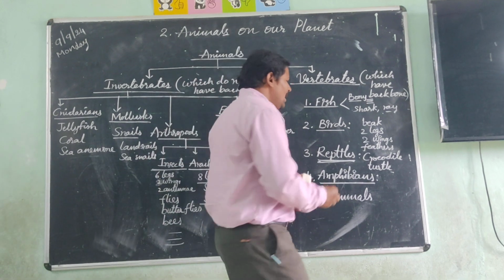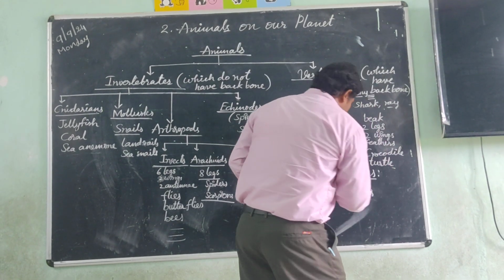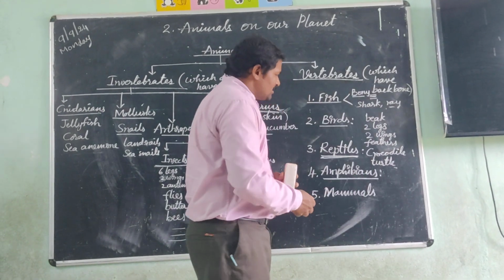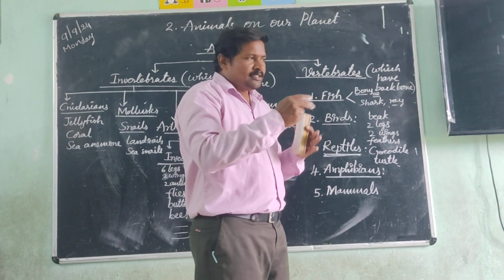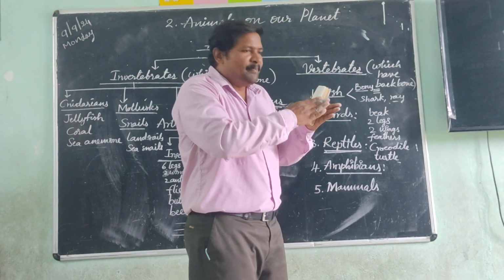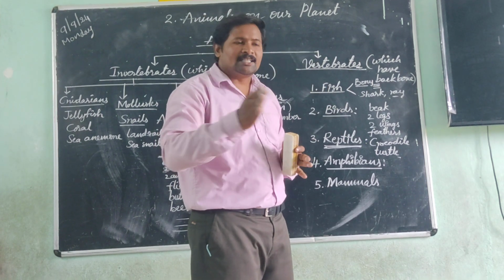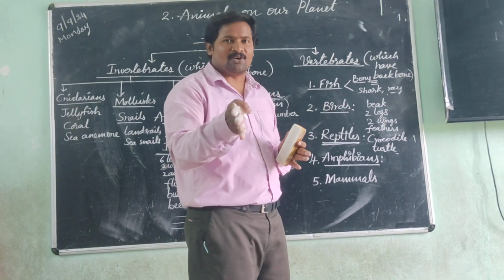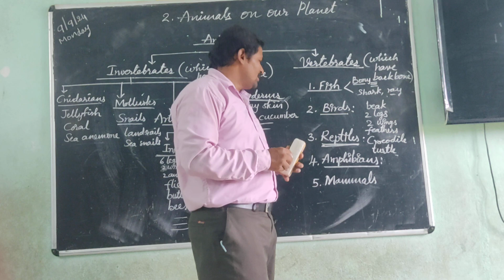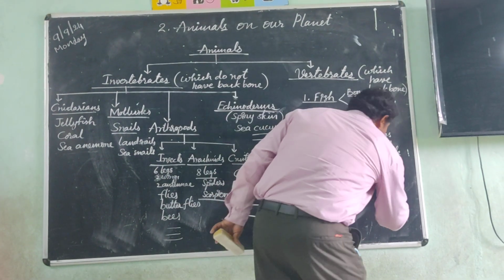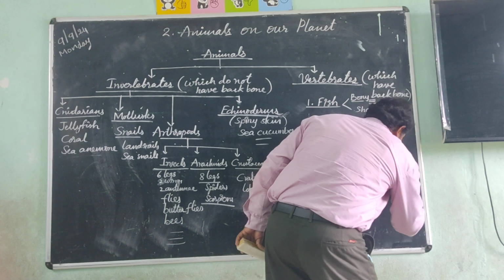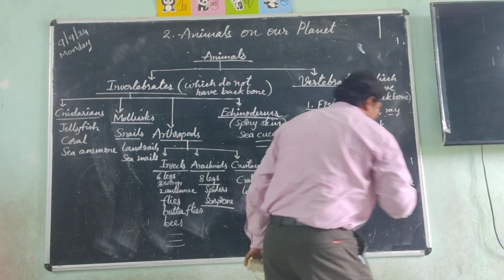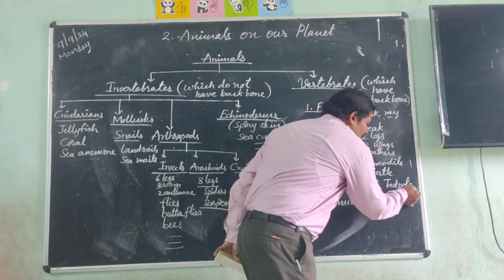In the amphibian case, if we take a frog as an example, the baby frog becoming an adult frog has to cross one stage. That is called the tadpole. The young baby of a frog we call a tadpole.